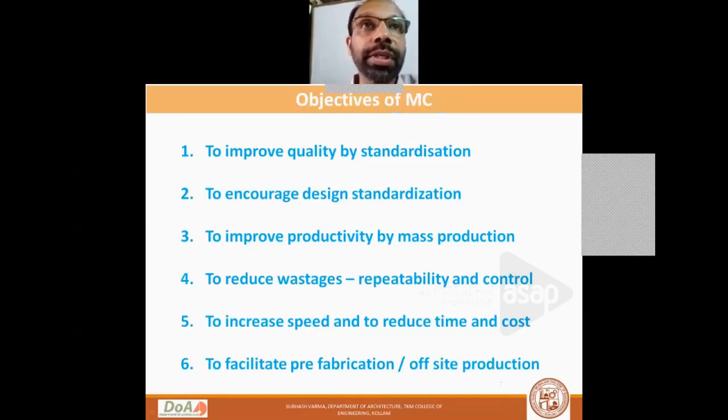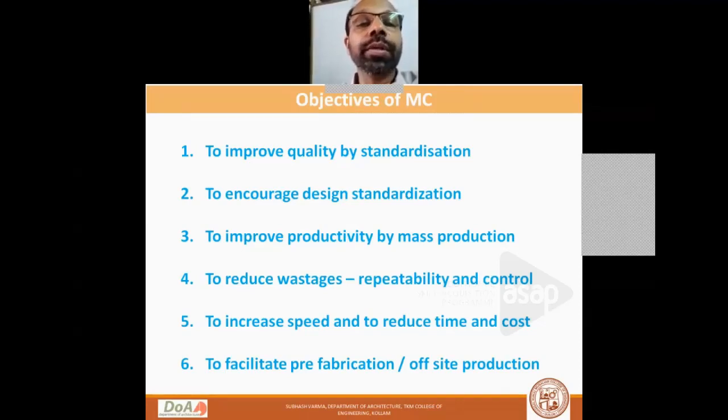Since the modules are of similar nature, repeated production can be done and quality control can be maintained to increase the speed and to reduce the time and cost. So there is early planning. You can reduce the time as well as the cost of construction.